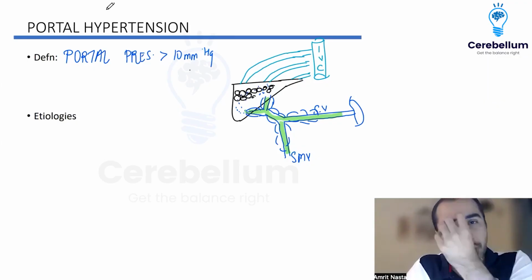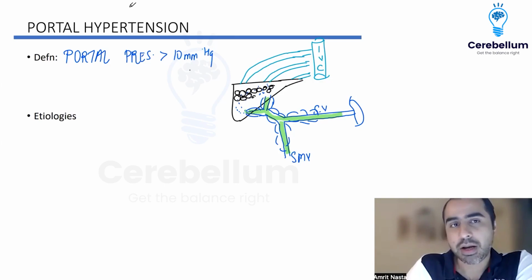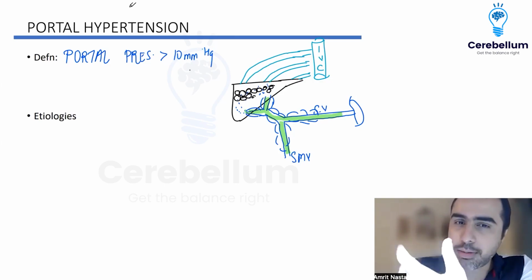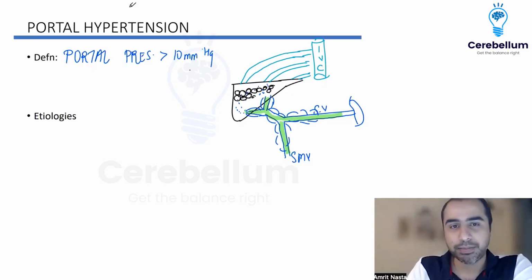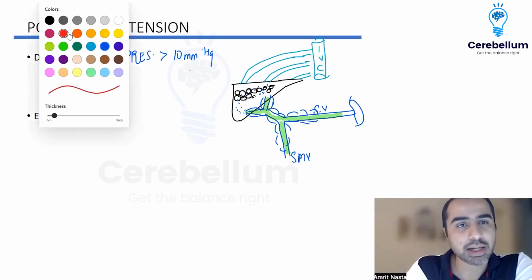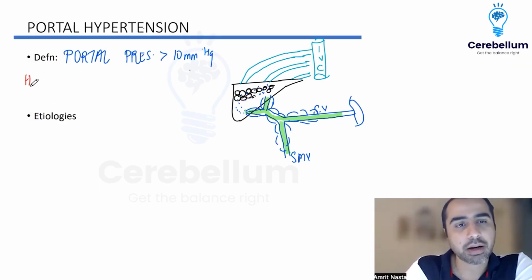Anybody knows how I measure portal pressure? Proxy, meaning I can't measure this directly. There is something that mimics portal pressure. Doppler, no, not Doppler. You measure something which is called hepatic venous pressure gradient, HVPG.